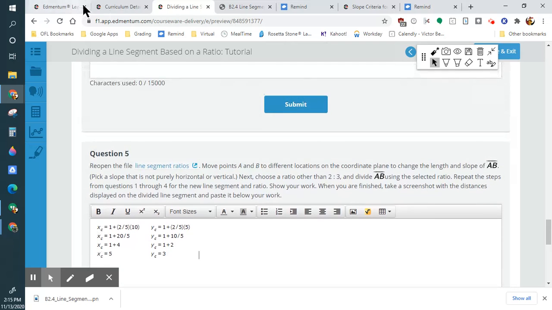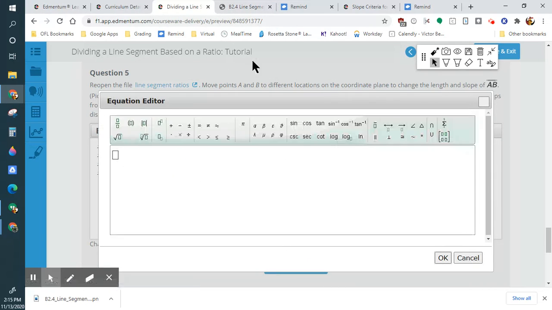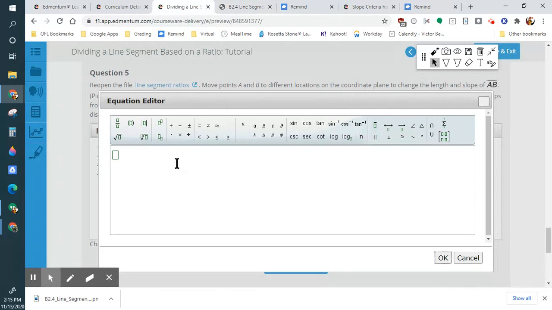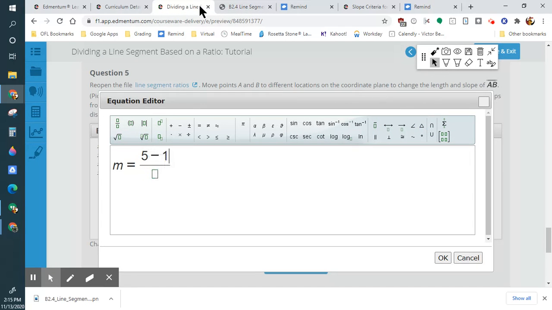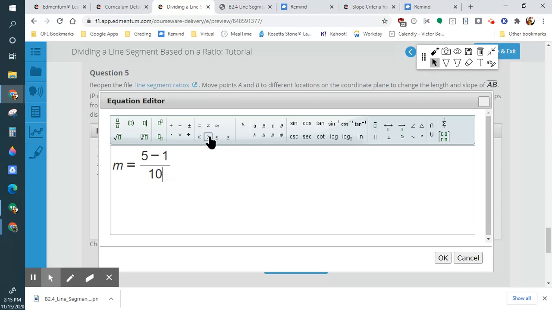And our slope did change. So our slope is our rise over run, which we've already kind of done. If I do my slope, I'm going to say m equals, do my fraction, 5 minus 1 over 10 minus 1.